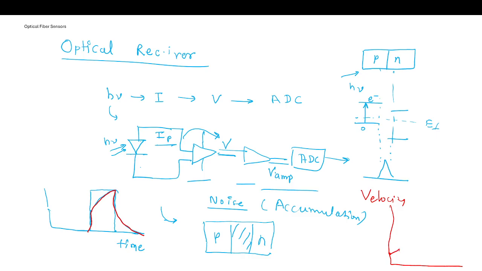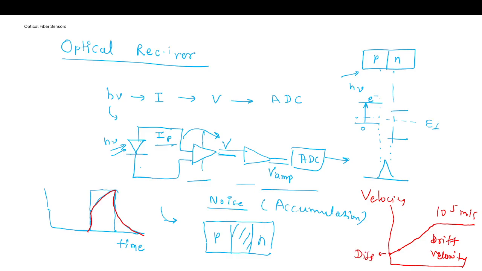If you increase the electric field, it will go in a sloping way and suddenly it will become constant. If you keep increasing the electric field, it will not change the velocity. That's called the drift velocity, which can be up to 10 to the power 5 meter per second, and this is called the saturation velocity.